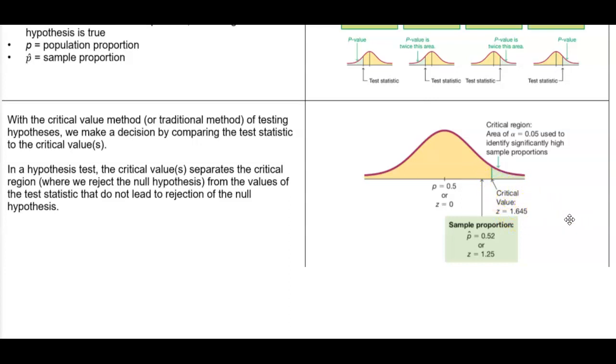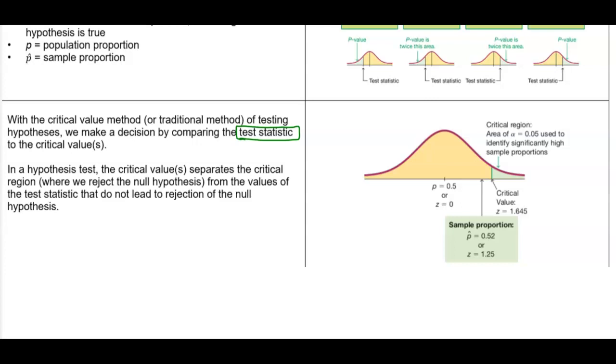Now, if we have a test statistic, you can see here that there's a test statistic and a critical value. Since we already have a critical value, we want to know where the test statistic is.